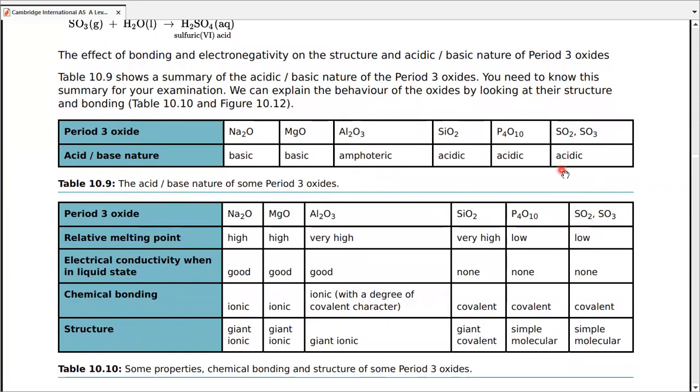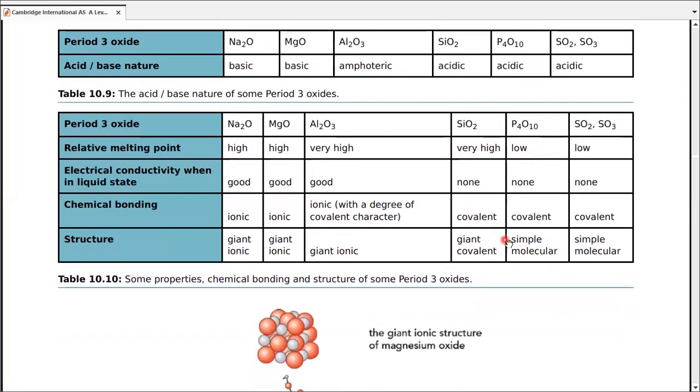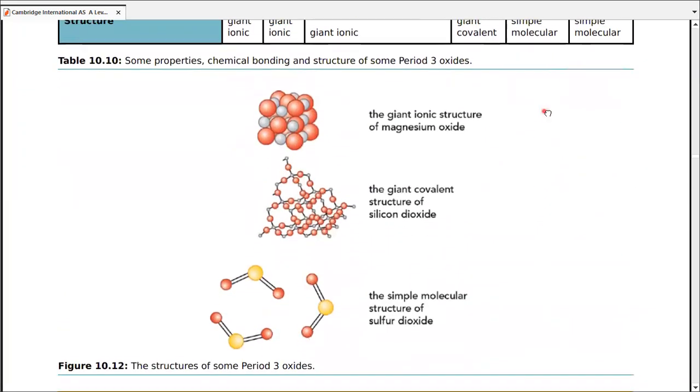Electrical conductivity is only good for the ionic compounds. If it's a giant covalent compound or a simple molecular covalent compound, they are not going to conduct electricity. Chemical bonding and structure I've already covered, so I hope that makes sense.